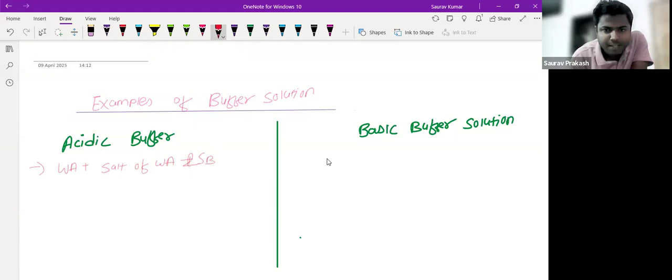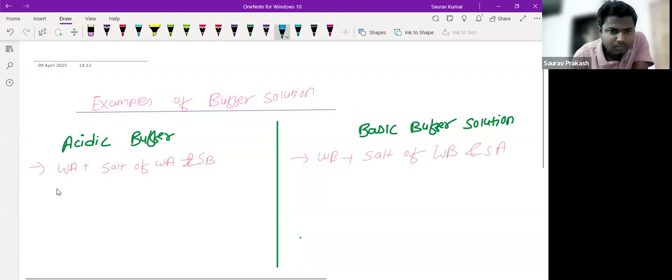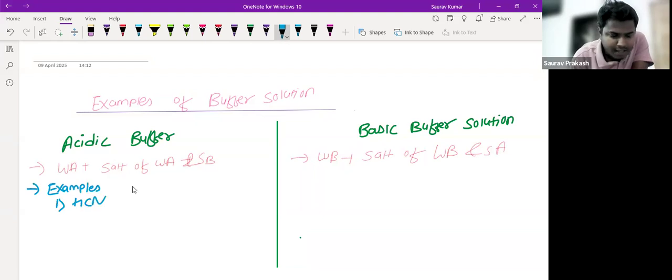And a basic buffer is a weak base plus the salt of a weak base. So, examples: HCN plus NaCN.